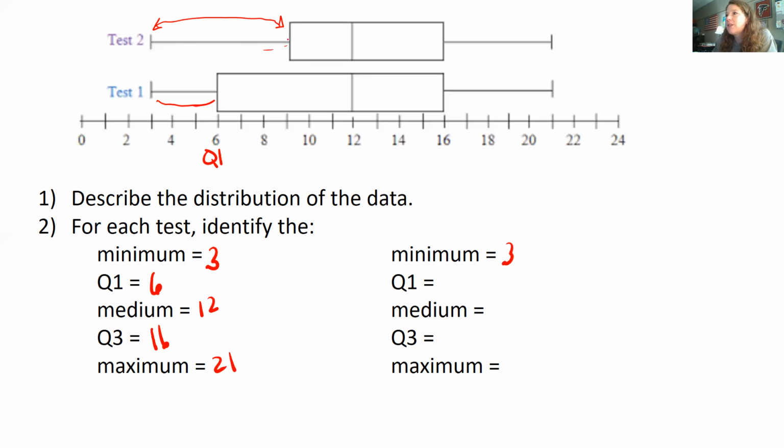The Q1, or the lower quartile, is 9. The median is the same, it's 12. The upper quartile is the same, it's 16. And the maximum number is the same, it's 21. So there is a much bigger range between the lower 25% of data for test 2, and there's a much bigger range for the middle 50% of your data for test 1. All right, so you can see how that's kind of distributed.